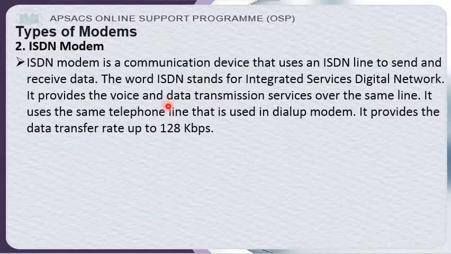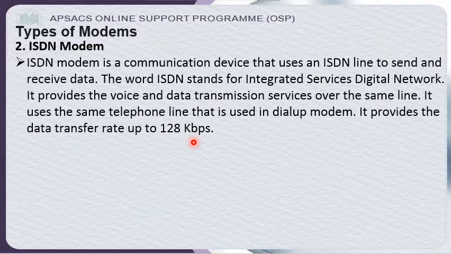It provides voice and data transmission services over the same line. It uses the same telephone line that is used in a dial-up modem. It provides a data transfer rate up to 128 kbps. So the ISDN modem is also slower.